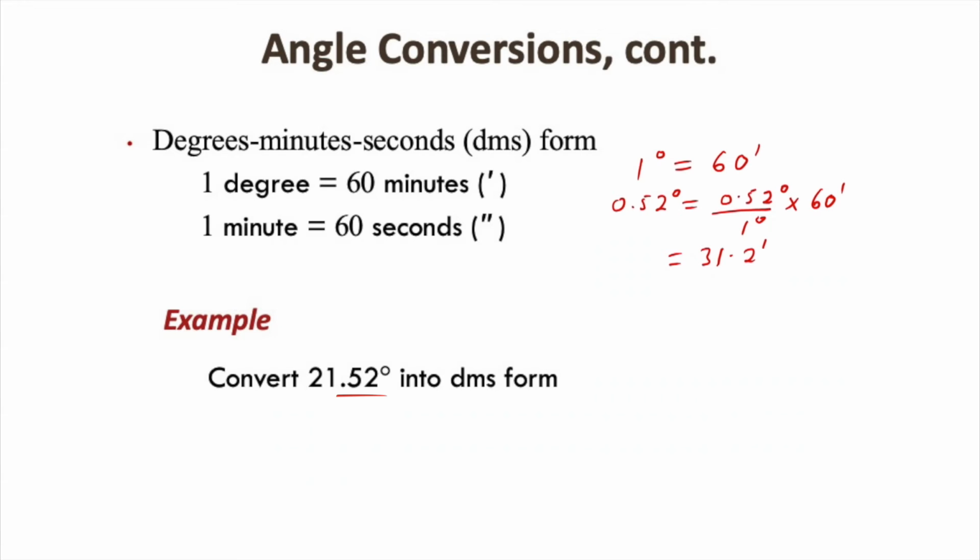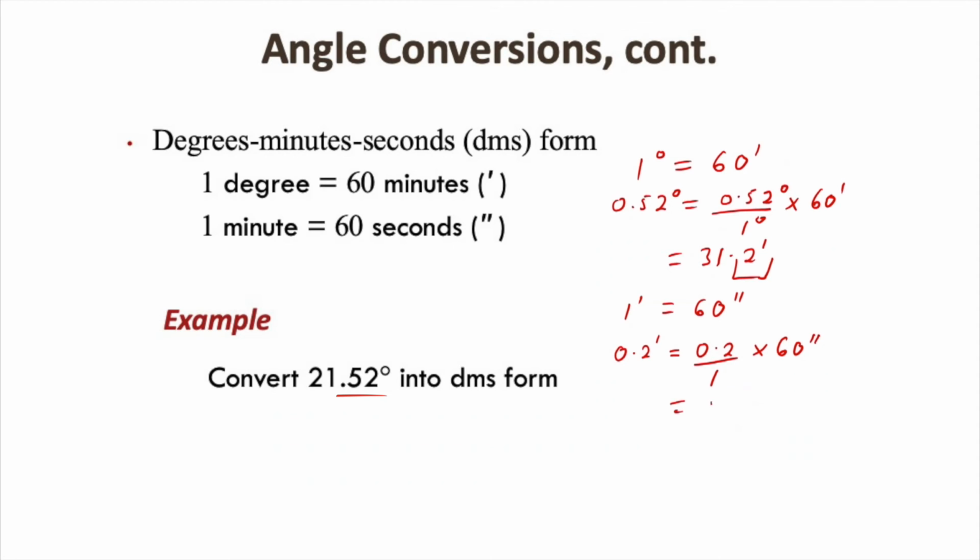minutes. Now we are going to convert the decimal part of the minute to seconds. So we will start by saying that 1 minute is equal to 60 seconds. Therefore, 0.2 minutes should be equal to 0.2 over 1 times 60 seconds.